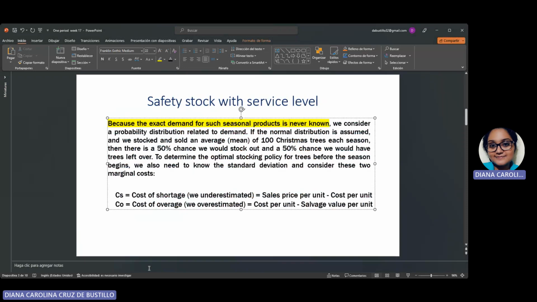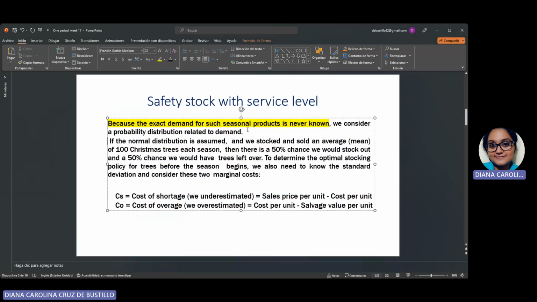If a normal distribution is assumed, which tends to be the most likely, then you can determine how much you have to order, making some easy calculations.